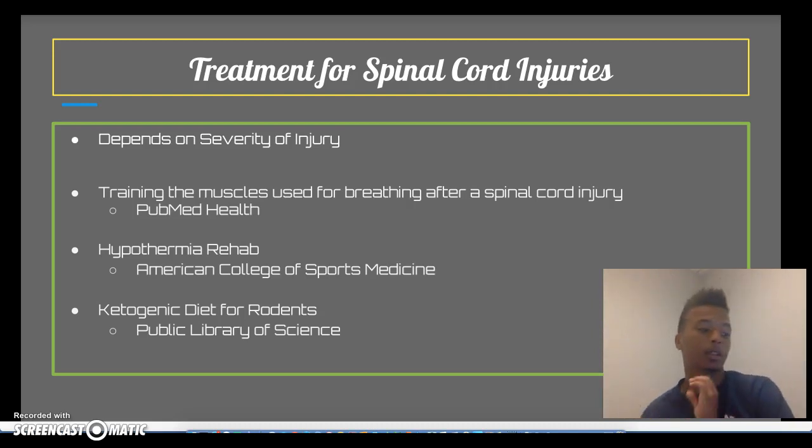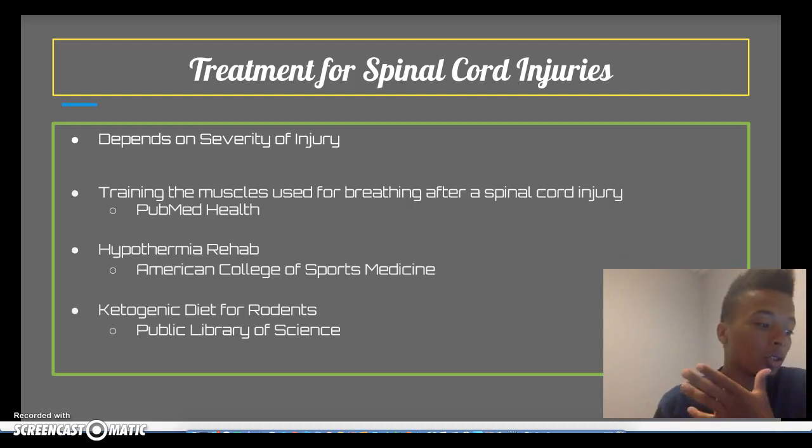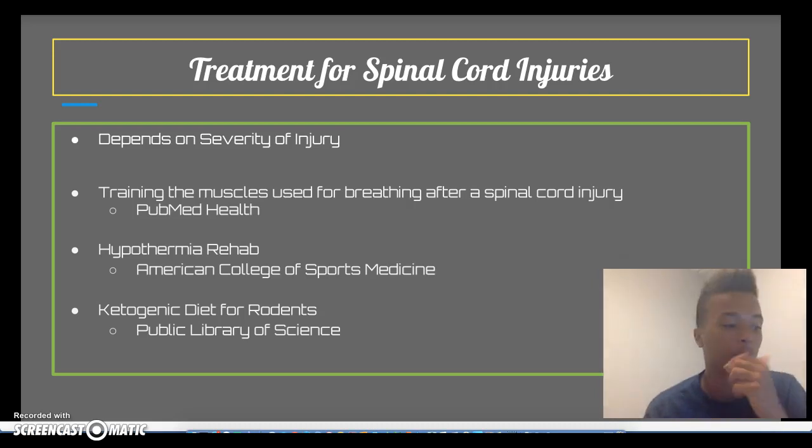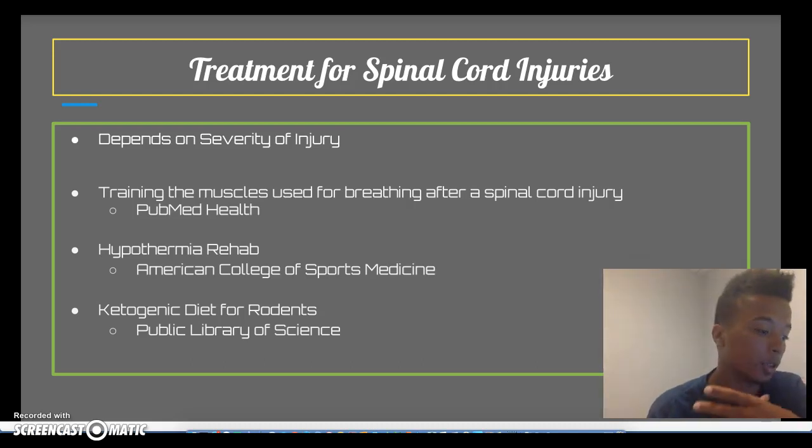The ketogenic diet also acts through other factors, like being an antioxidant. It's used as energy metabolism since it's high fat, so the body uses the fat for energy. It also helps with programmed cell death and has anti-inflammatory effects.